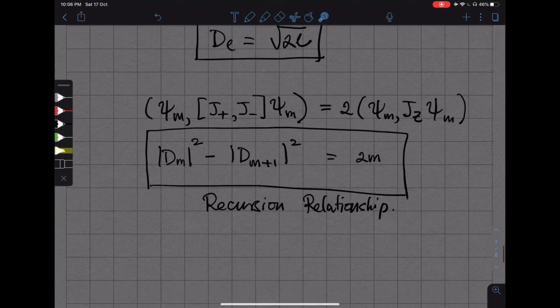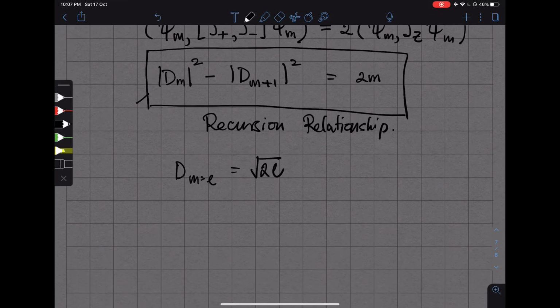We know the value of D_L is the square root of 2L. So we can now derive any other value of D from this. How do we do this? We get that D_(L-1) squared is equal to D_L squared plus 2m.